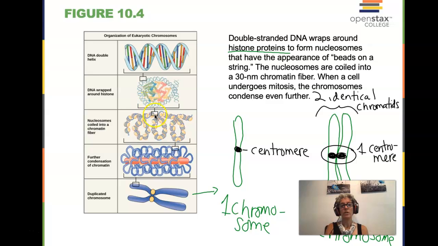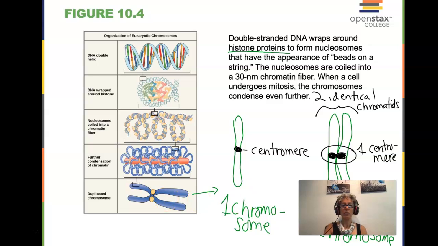And if we zoom out on that, each of these little gold coils are the histone proteins. The blue is the DNA wrapped around it, and then those can twist and compact further so that we get chromatin, and eventually we will see a duplicated chromosome.